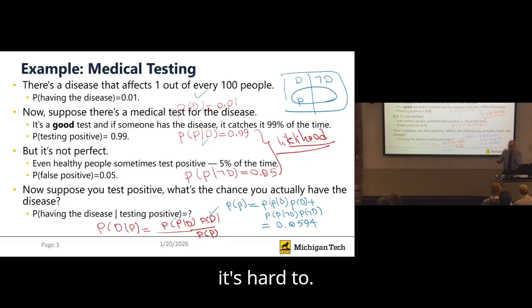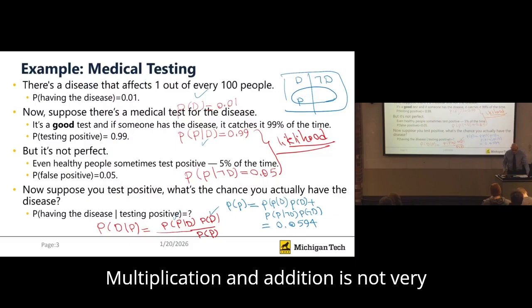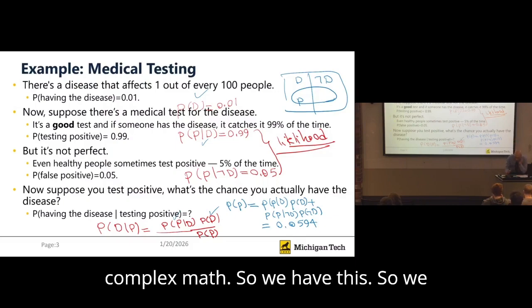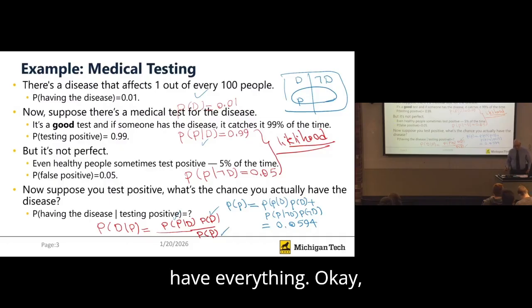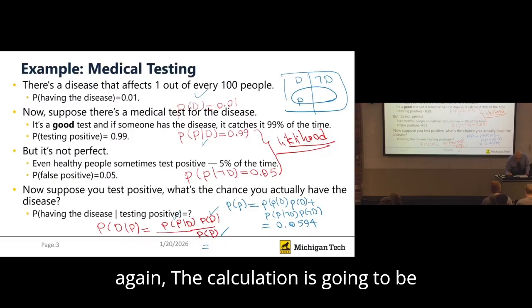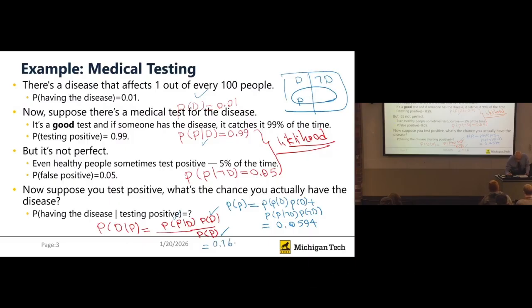Multiplication and addition is not very complex math. So we have everything. Again, a small calculation is going to be 0.16, almost 0.17. Okay? So what does it mean?